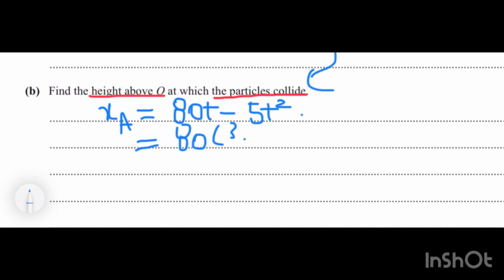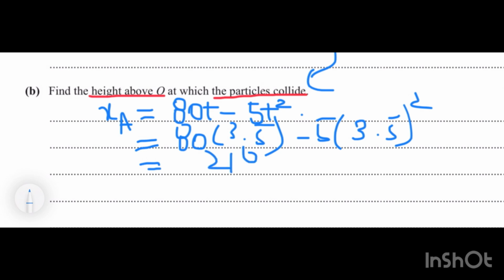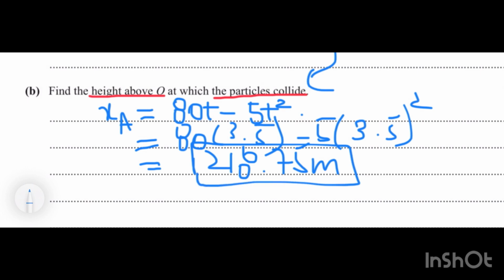The distance traveled by A was 80t minus 5t squared, and substituting, we get 80 times 3.5 minus 5 times 3.5 squared, which gives 218.75 meters. This is the height above O at which the particles collide.